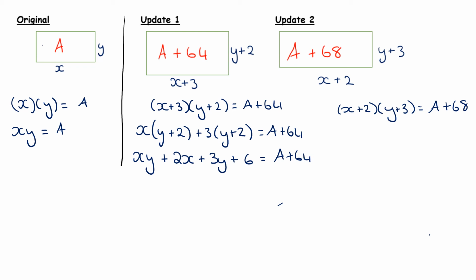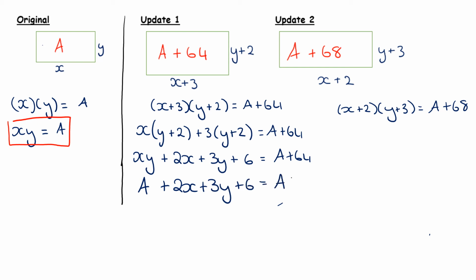Now, the next thing I'm going to do is replace the xy with A. So I have A plus 2x plus 3y plus 6 equals A plus 64.